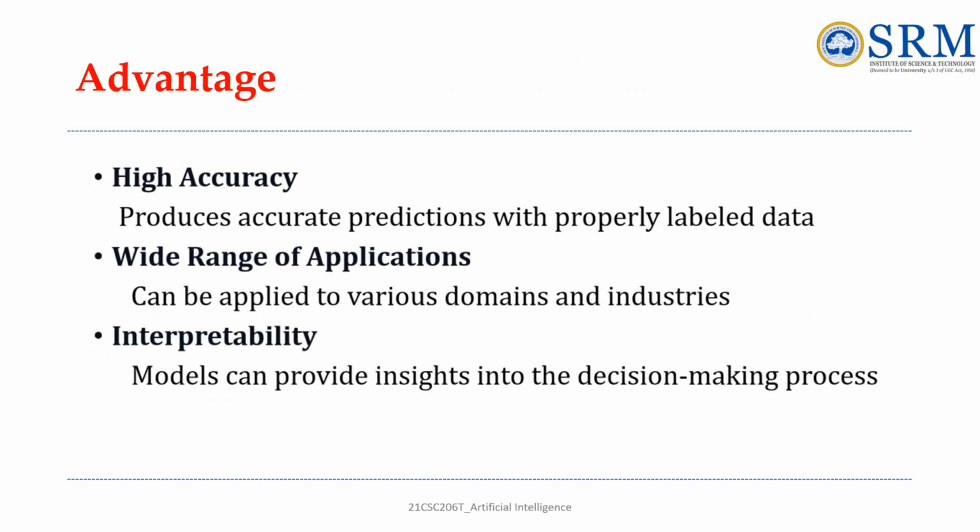Then the pros and cons. While powerful, supervised learning has some pros and some cons. The advantages are high accuracy with enough labeled data, interpretability, for example decision trees, and wide applicability.